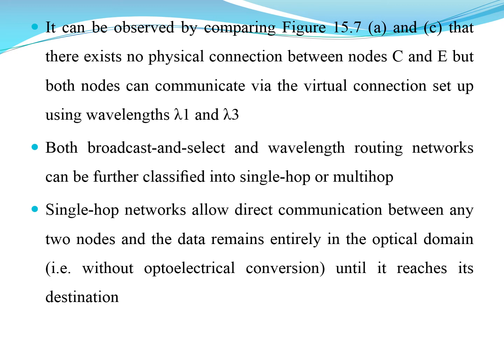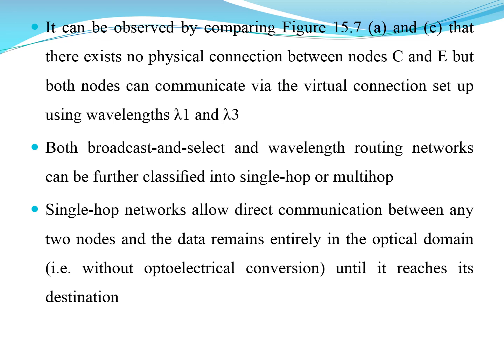And if I consider the physical connection, there is no physical connection which exists between the nodes C and E. But these nodes C and E can communicate through a virtual connection which is set up using wavelengths lambda 1 and lambda 3.